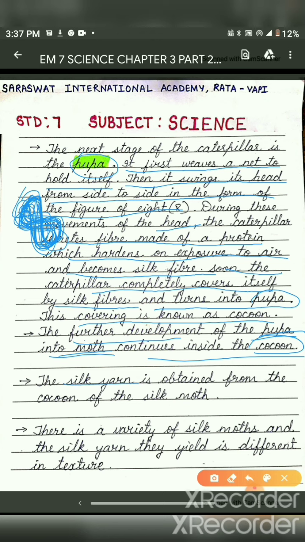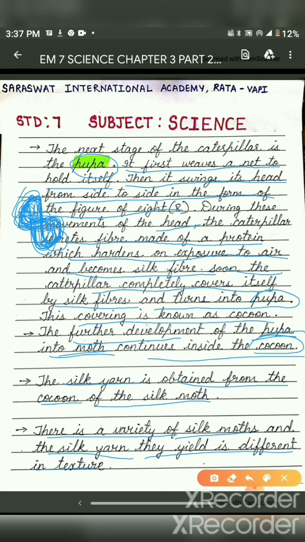The silk yarn is obtained from the cocoon of the silk moth. There is a variety of silk moths and the silk yarn they yield is different in texture.